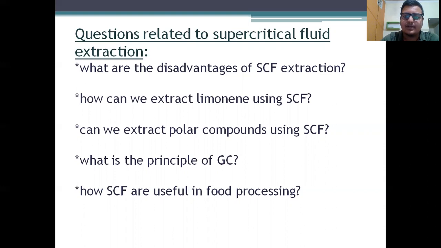The supercritical carbon dioxide is used to extract caffeine out of your coffee or tea beverage in order to decaffeinate your coffee or tea.